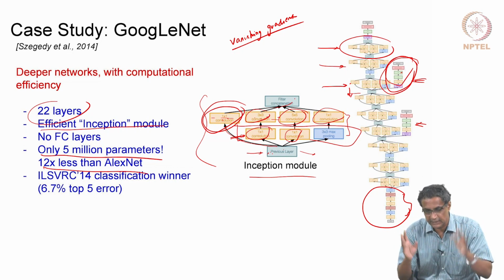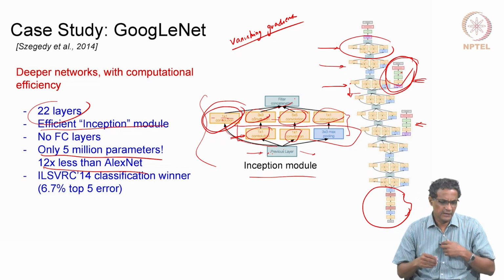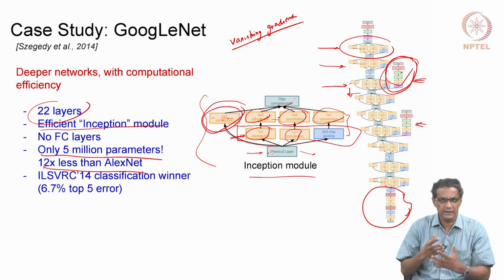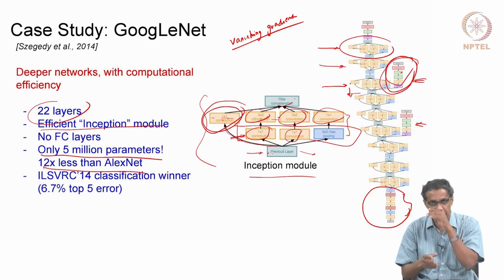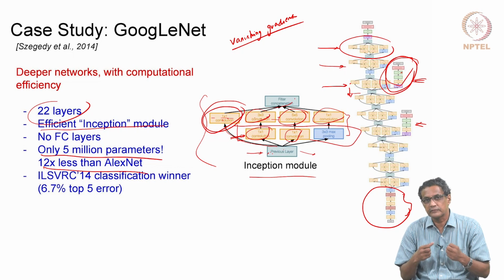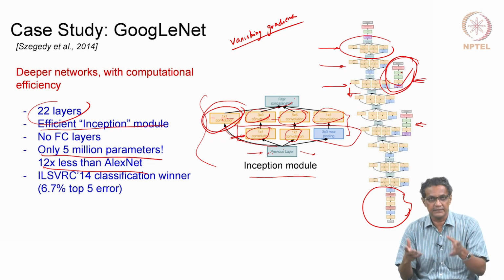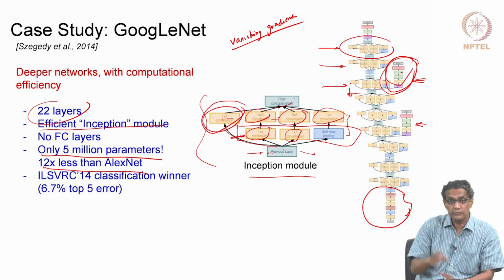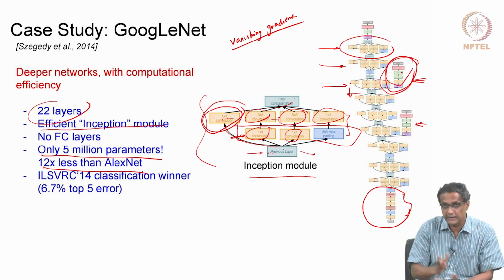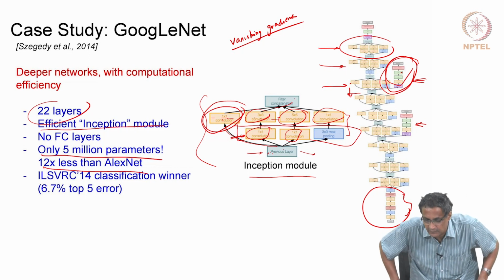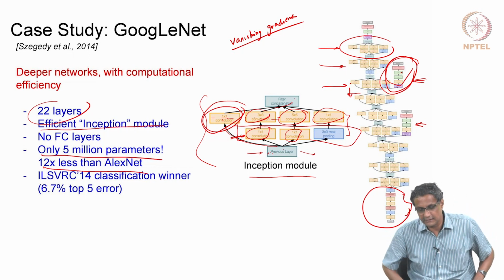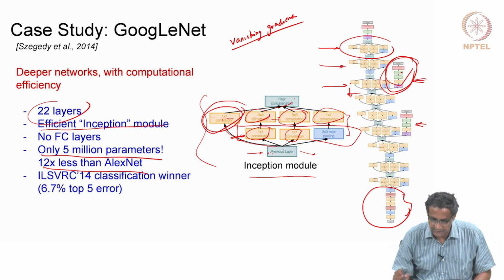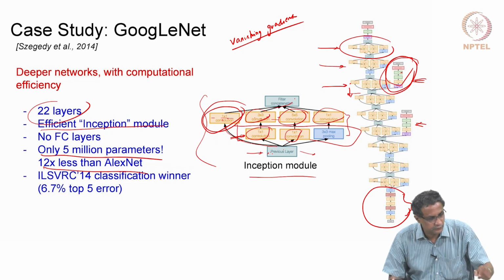They thought you would lose information. For example, in a regression problem you typically don't do such things, because you need finer details and any averaging makes you lose information. But these people went ahead and did that at the end, and showed that with just 5 million parameters they could do so well.